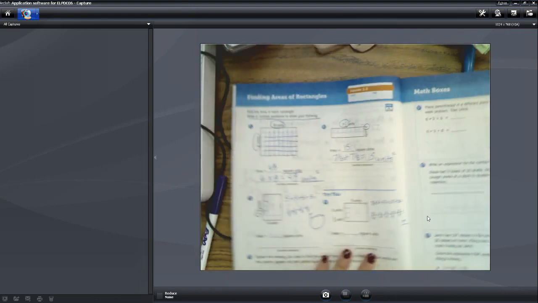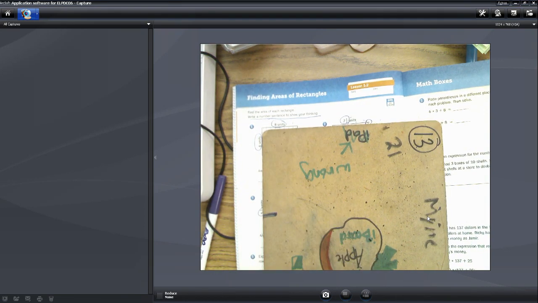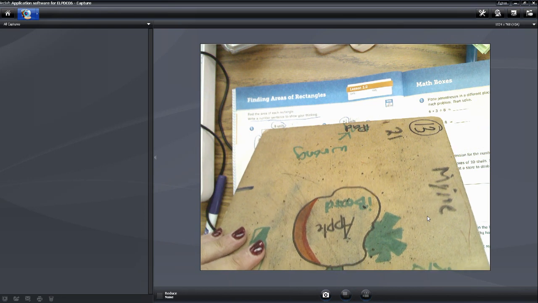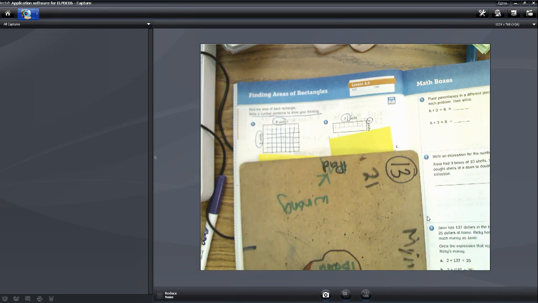When I'm looking at this next page, I went ahead and I was working on some of them before I got to see you. So on this page, you're actually going to see that I drew in the units on that first square. Again, this could be helpful.